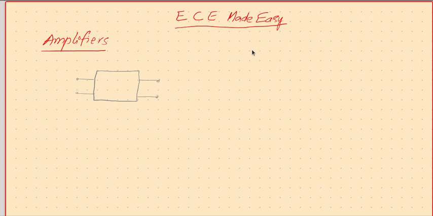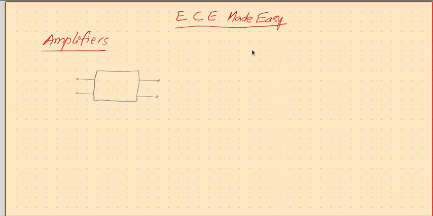We need minimum required energy to drive any circuitry. So the signal, whatever is available, may not be sufficient for us to work with the next part of the circuit. In such cases, we need to increase the magnitude of the signal.